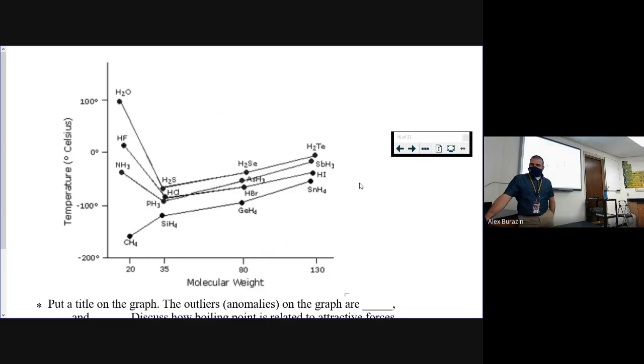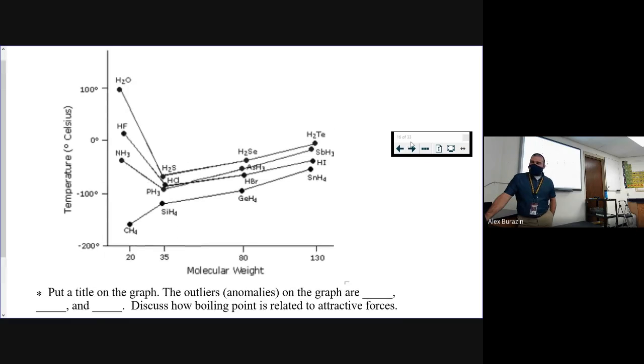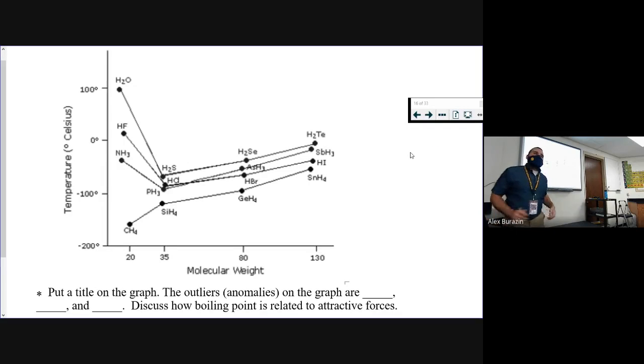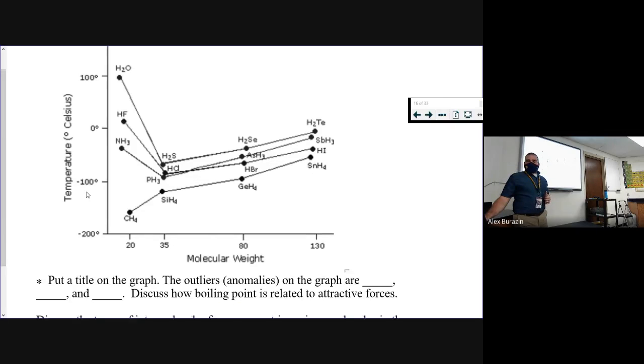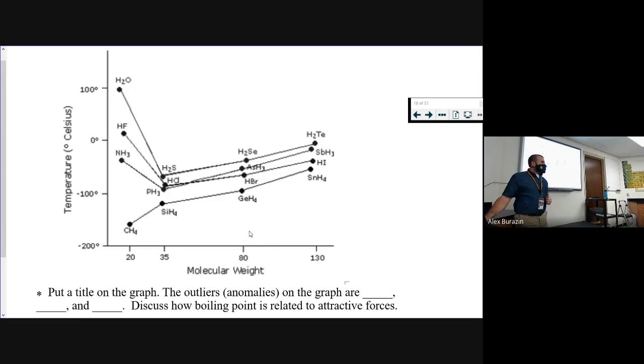All right. Now let's analyze this graph. This is going to be a chunk of time here to try to figure this thing out. Put a title on the graph. First things first, take a peek at this. Okay, you know how to title graphs, right? Nelson taught you that? Or if you didn't have 910, I'm assuming that Mr. Suey and Reed and Kramer and Johnson, Gerstenberger, Gates, they all teach that stuff. Somewhere along the line, I hope you learned how to title a graph.